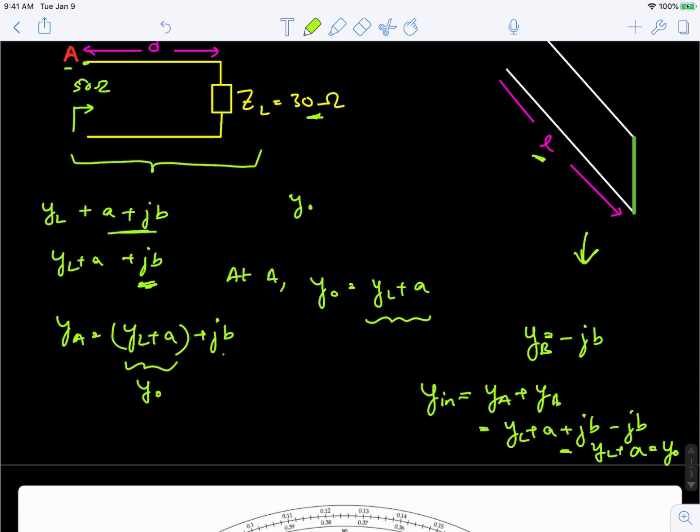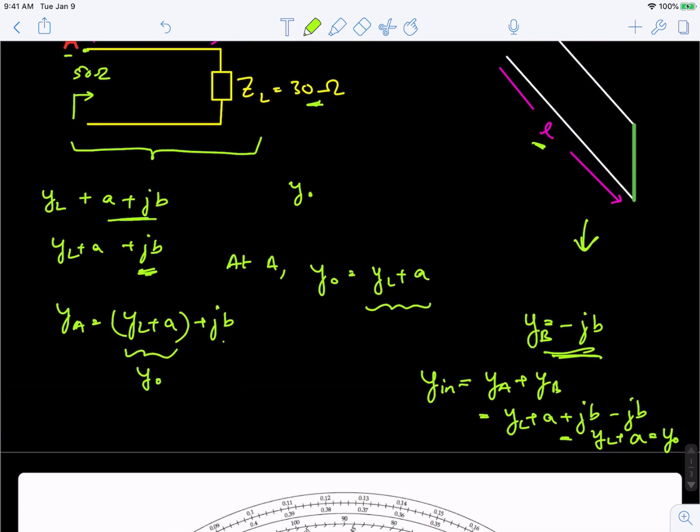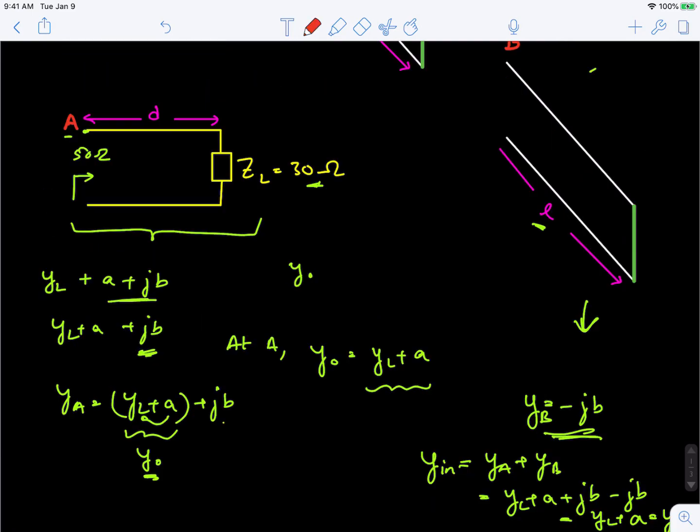That means we have to make sure part B has an admittance of minus JB and part A has an admittance such that when the real part of it is added to YL, we get Y0. So this is the basic approach that we're going to follow to solve this problem.